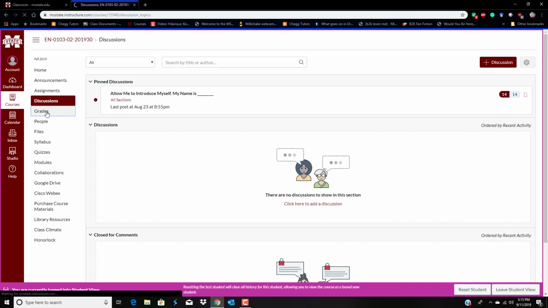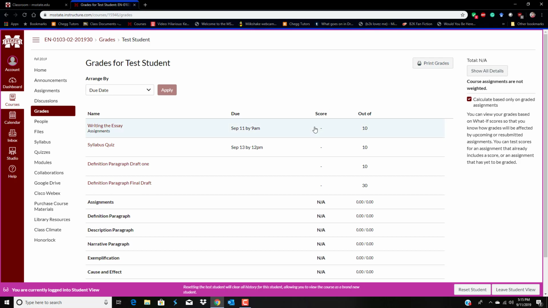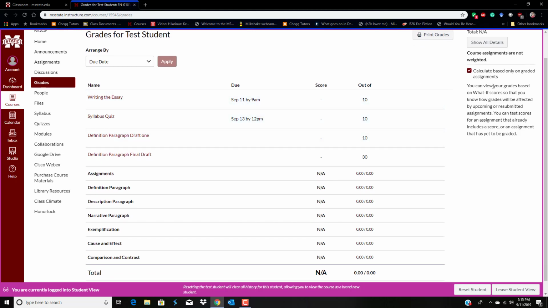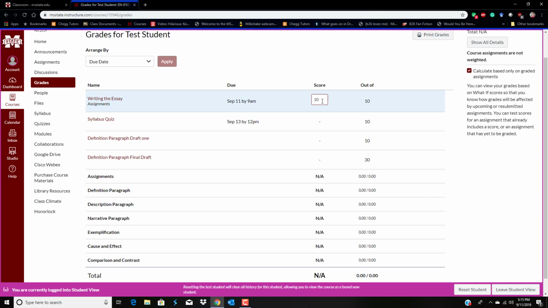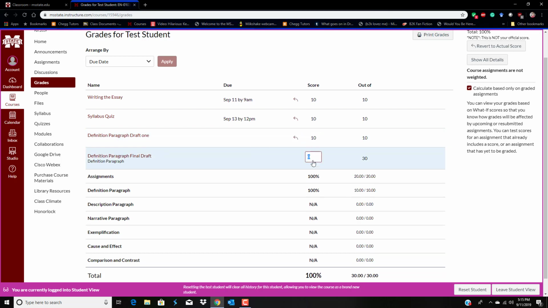Here, under grades, you will see what you have in the class so far. So, the fun thing about grades is that you can put in what you think that you will get and calculate what your grade will be in the class. Let's say 2.